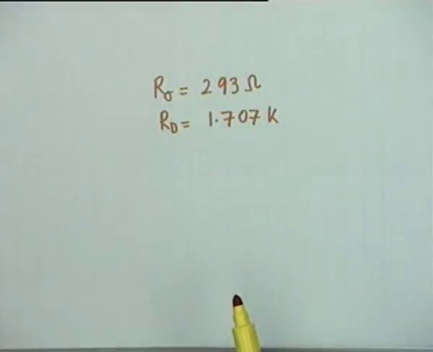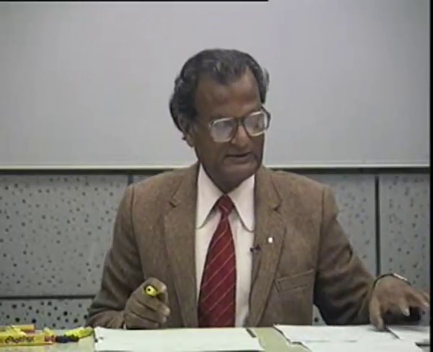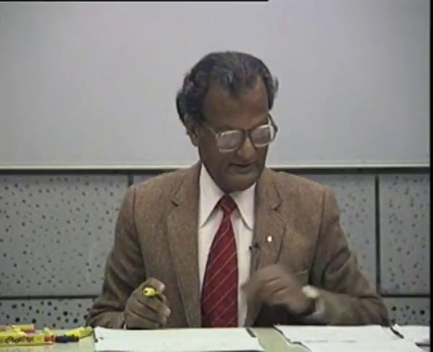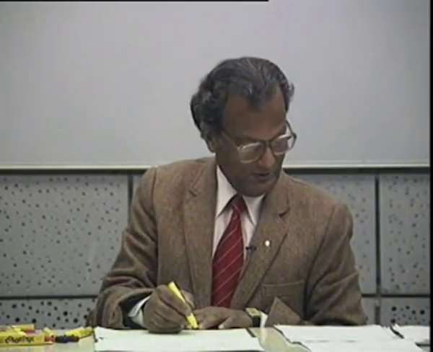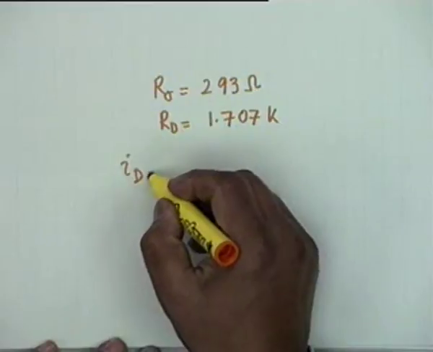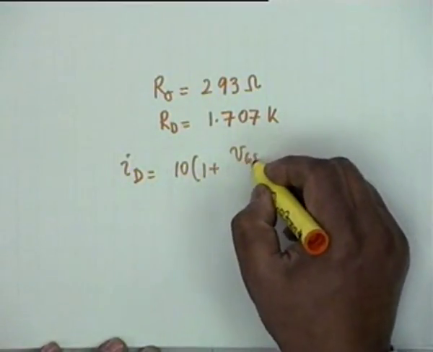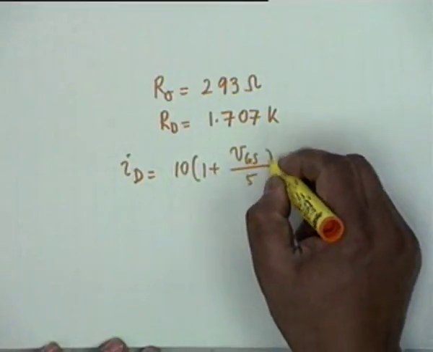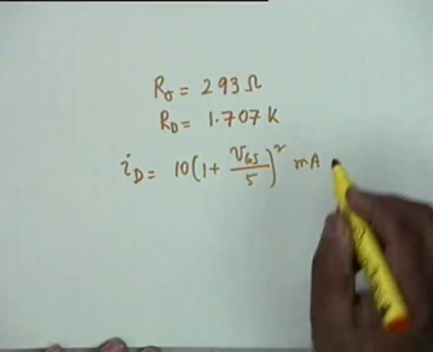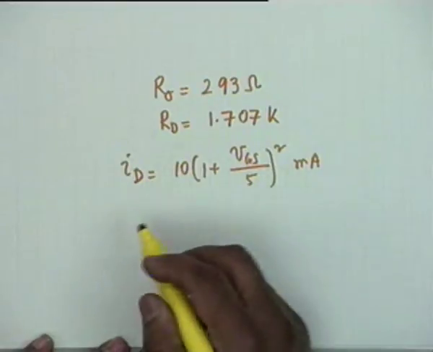Now the later part of the question says, illustrate your answer by sketching a load line on a set of ID versus VD characteristic. So we go back to this relationship, ID equal to 10, 1 plus VGS divided by 5 whole squared milliampere. And we draw a set of characteristics.